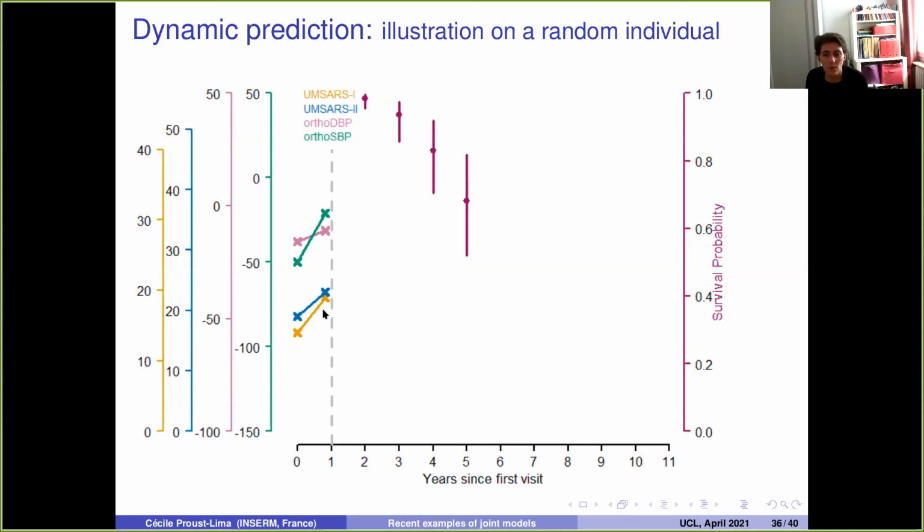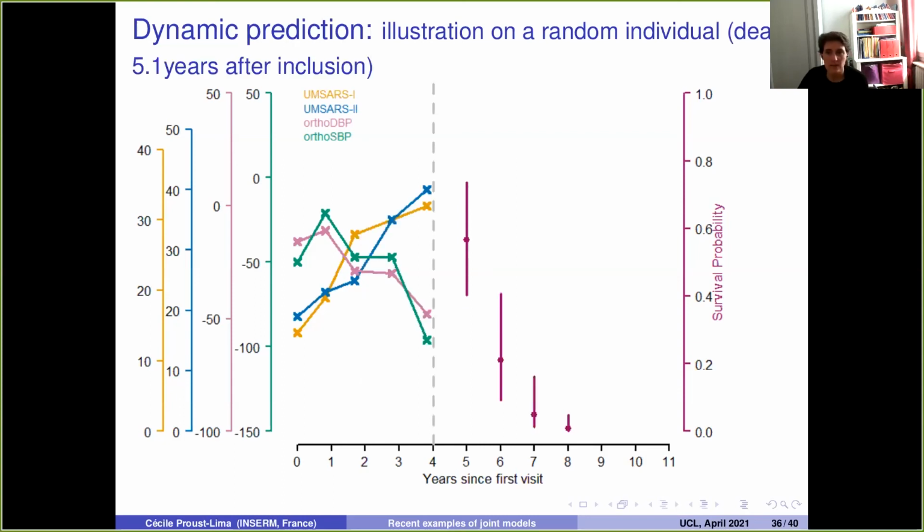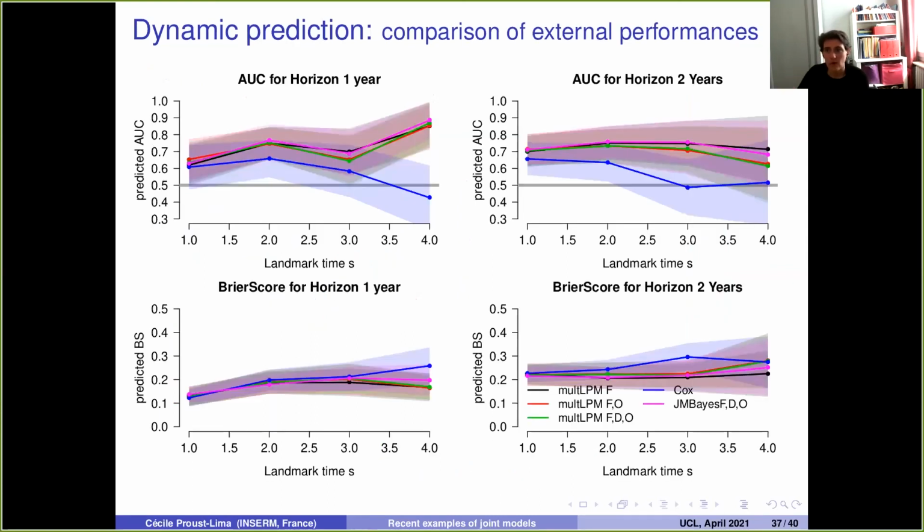For an individual, we were able to predict the risk of death from this information, and to update it when we had more information, as is usually done in dynamic individual prediction. We compared that according to Brier score and AUC. I will not describe that, but it was better than alternatives.